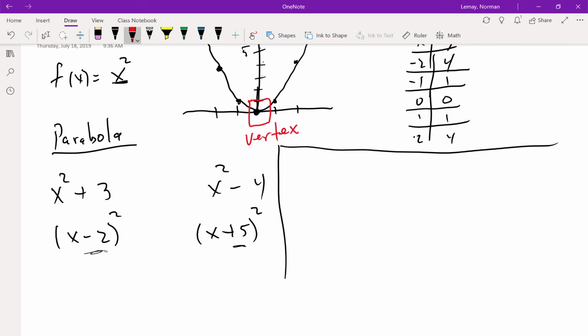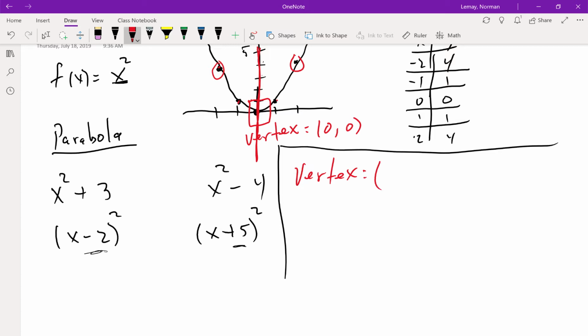Another interesting fact about this parabola is that if I draw a line right here in the middle, notice that this point and this point are mirror images, and this point and this point are also mirror images. So the vertex here has the coordinate 0, 0, and this line right here is what we call a line of symmetry.